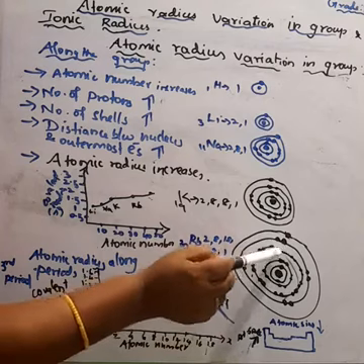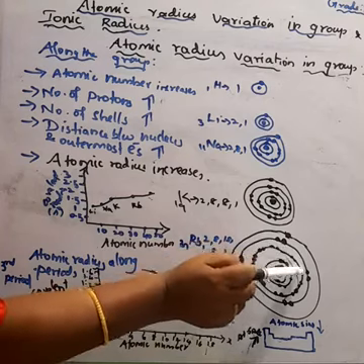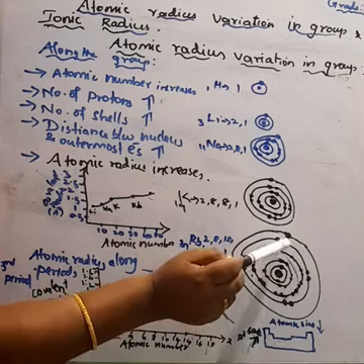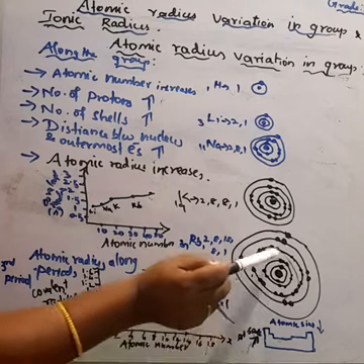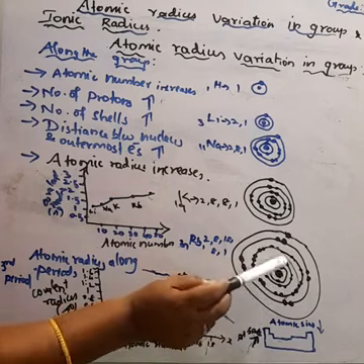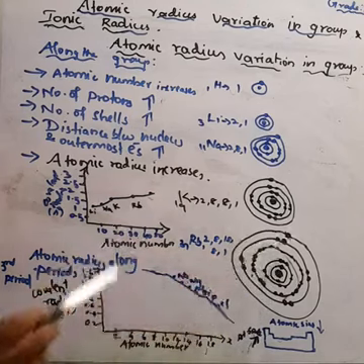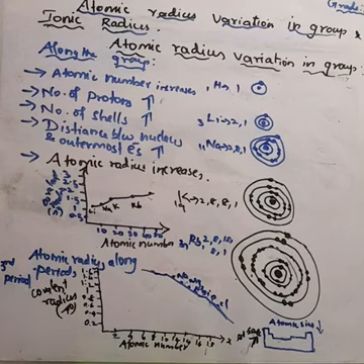The inner shell electrons act as a screen. The inner shell electrons repel each other, so the nuclear force is less. Because of this, the atomic size increases.